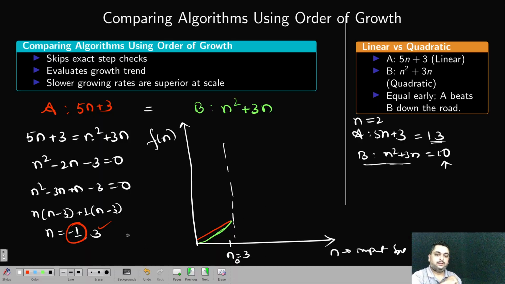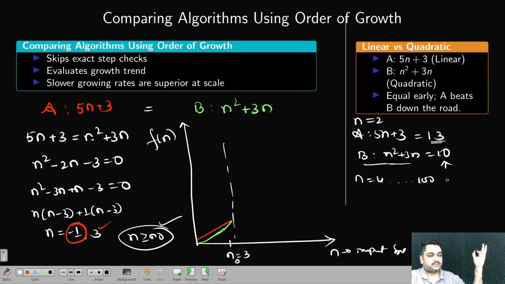So for n greater than or equal to n naught, you have to check the behavior of the curve, the critical point. Now if I put any other value greater than 3, say 4, or 100 or 1000, as the input size increases, that's what mathematically we say n approaches infinity. This goes till infinity mathematically.